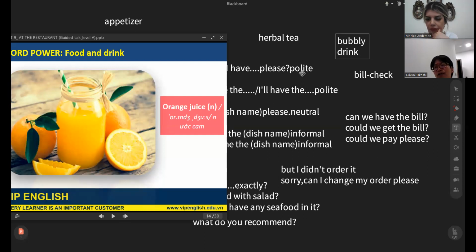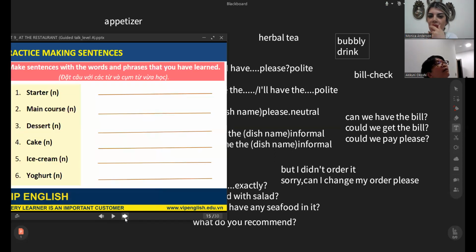Ah, yes. Passion fruit? You mean passion fruit? Yes, passion fruit or mango.